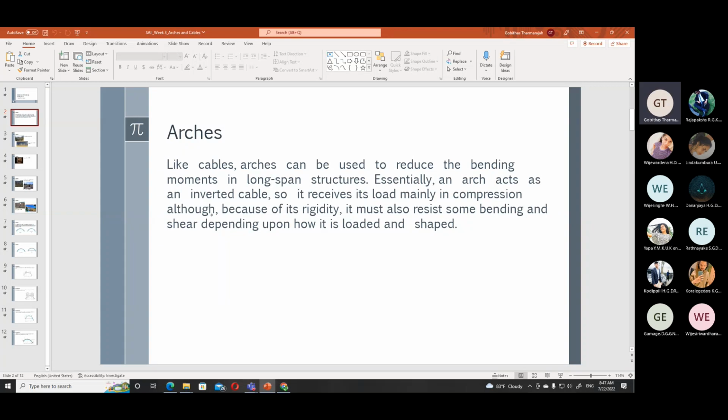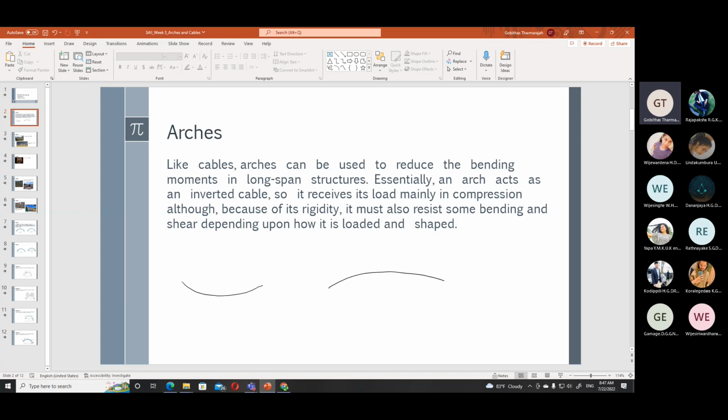Although, because of its rigidity, it must also resist some bending and shear depending upon how it is loaded and shaped. So we know that the cable is shaped like that and it carries force by tension. An arch is going to be a shape like this and it is going to carry the force by compression.